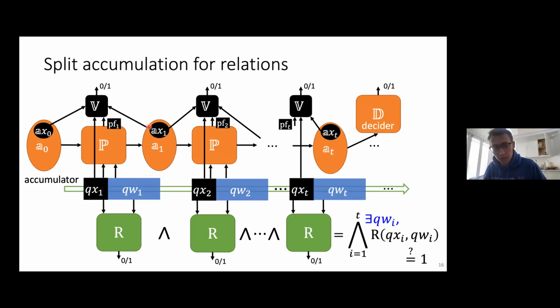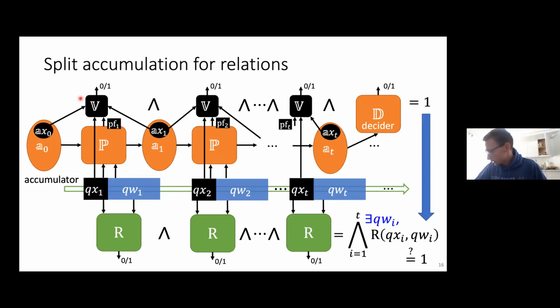The property we want is that if the decider accepts and all of the accumulation verifier checks accept, then this implies computationally that all of the relations below evaluate to 1.